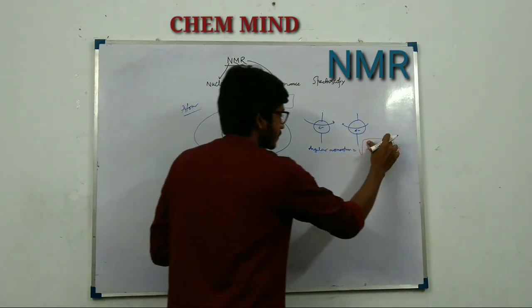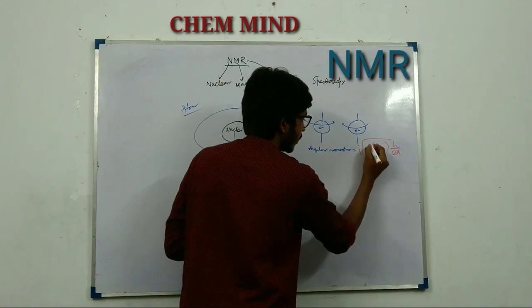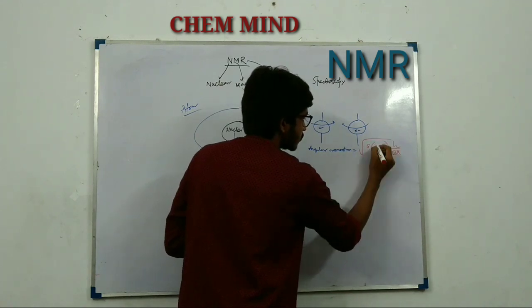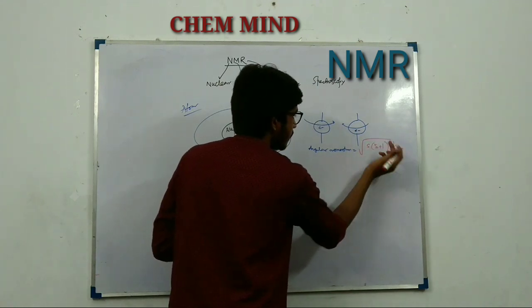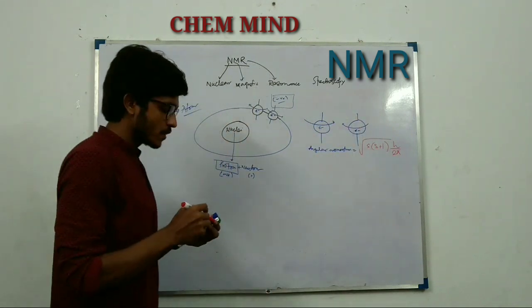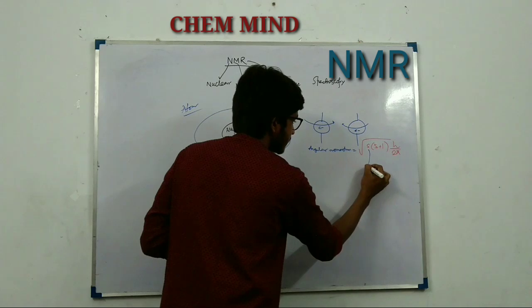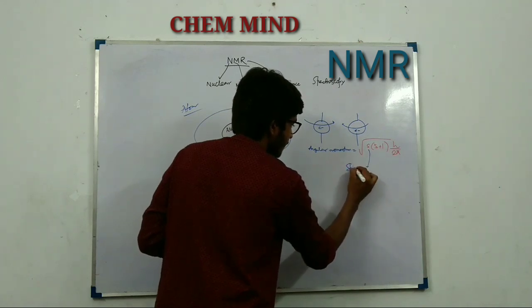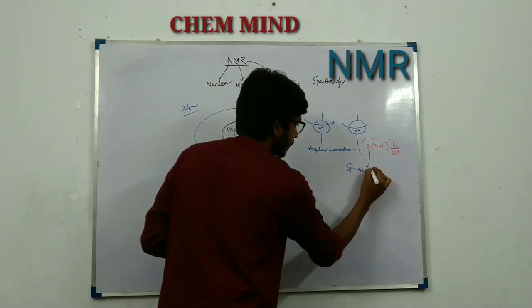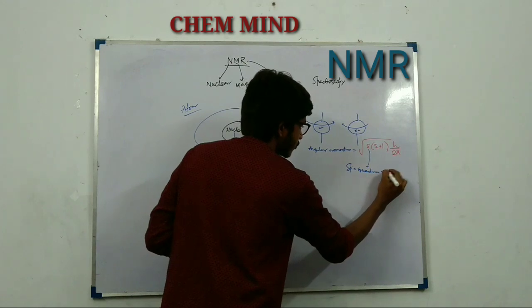Sorry, for the electron we will consider this as S, so root over S into S plus 1 into h by 2 pi, where S is the spin quantum number for the electron.